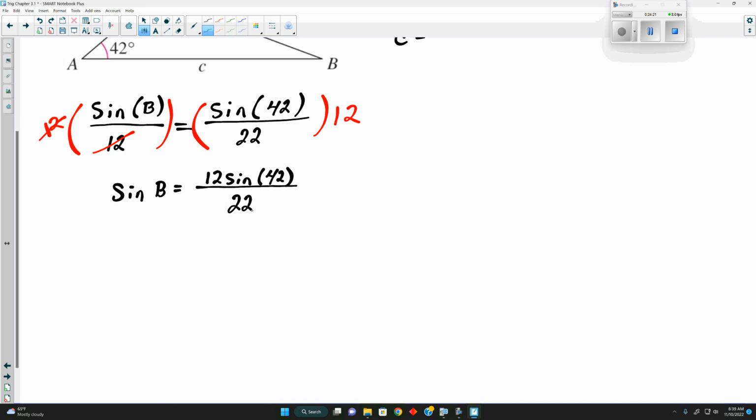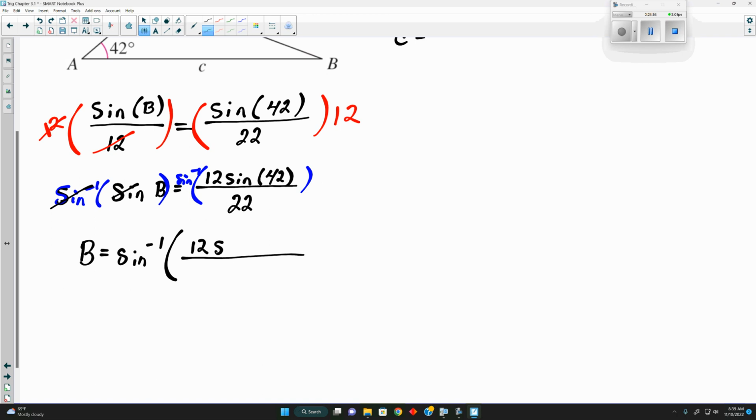Because is angle B by itself? Well, no. There's only one way I can get the angle away from sine, which is with our sine inverse. The sine inverse of sine of B, these will cancel, giving me B by itself is equal to sine inverse of 12 sine of 42 over 22.